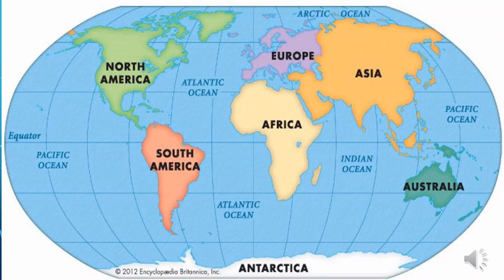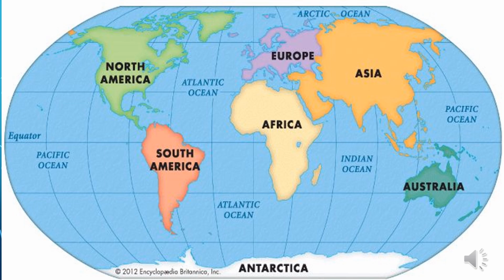Now look at the colored areas on the map. These are land masses. So large areas of land are called continents. You can see clearly. There are 7 continents. North America, South America, Europe, Asia, Africa, Australia and Antarctica.